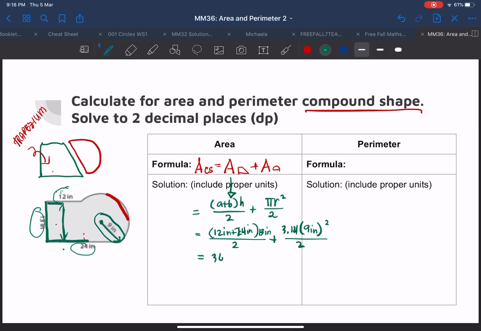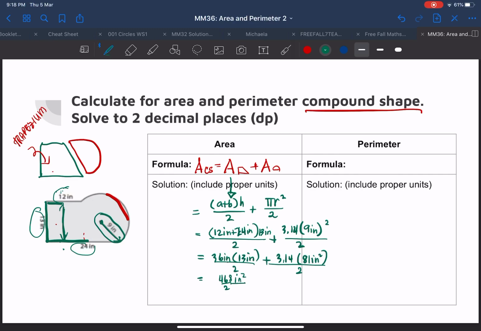So we have 36 inches times 13 inches over 2 plus 3.14 times 81 inches squared, divided by 2. Let's calculate this. 36 times 13 equals 468, divided by 2.